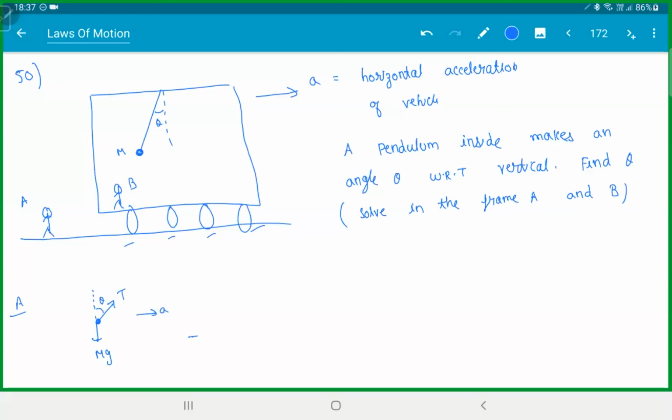So he will write T cos theta minus mg is 0 in the vertical direction. And T sine theta is providing the acceleration, m into A. If you divide them, you get tan theta is equal to A by g. That is what A will say.